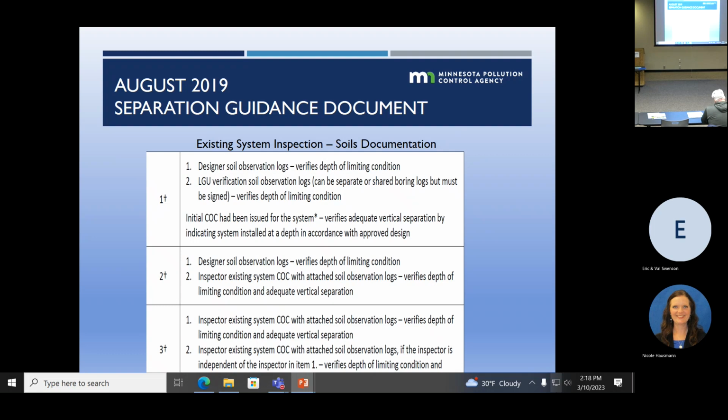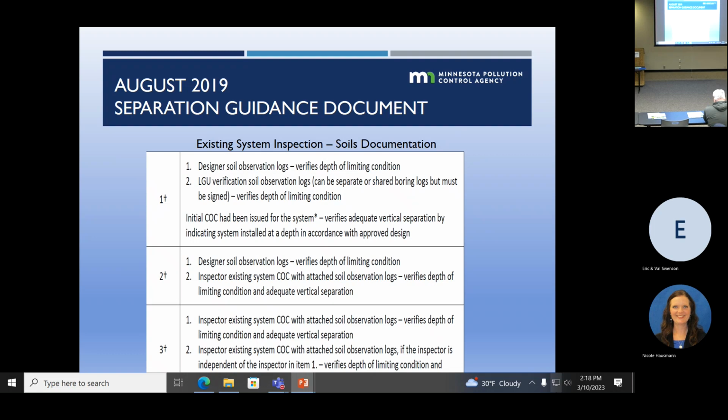So on page 1, at the bottom, it says soil separation verification when inspecting existing systems. Here's the process and documentation requirements related to soil verification for systems installed prior to this guidance.